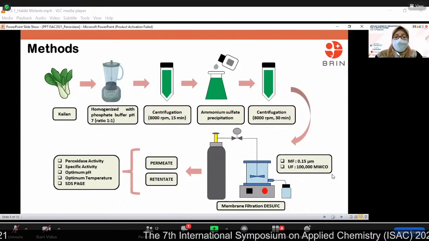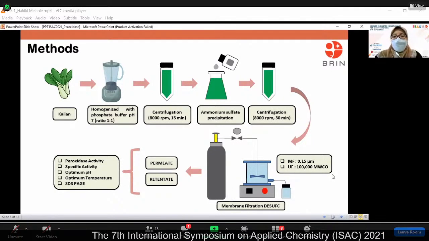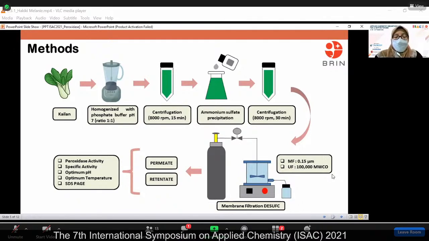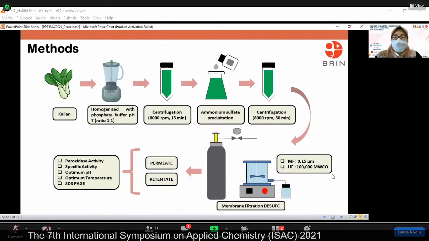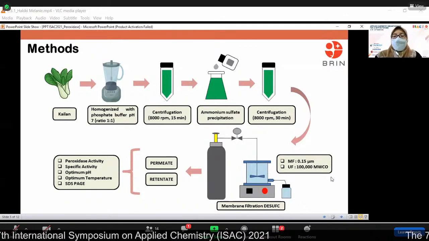The precipitation of protein was carried out using ammonium sulfate, and the precipitate was collected by centrifugation at 800 RPM for 30 minutes at 4 degrees Celsius after 1 hour and redissolved with phosphate buffer for further processing. The partial purification was continued using microfiltration and ultrafiltration with a pore size of 0.15 micrometer and a 100,000 molecular weight cutoff.